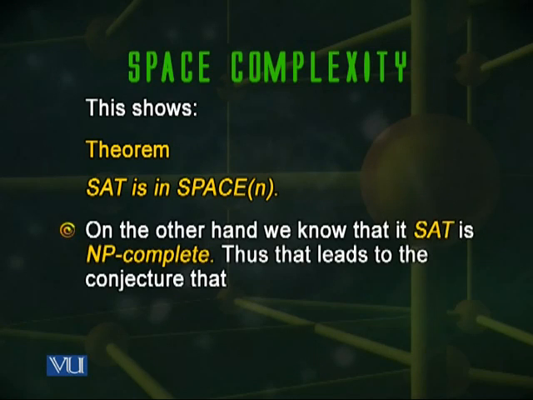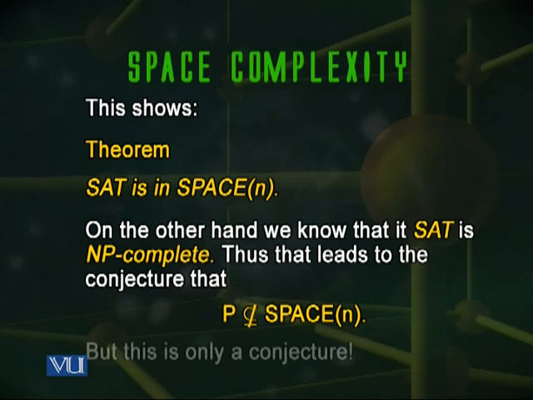On the other hand, we know that satisfiability is NP-complete. Thus, this leads us to the conjecture that P is not contained in space n. But this is, once again, only a conjecture. What we suspect is that if a problem requires linear space to solve, it may not necessarily be true that we can solve this problem in polynomial time.